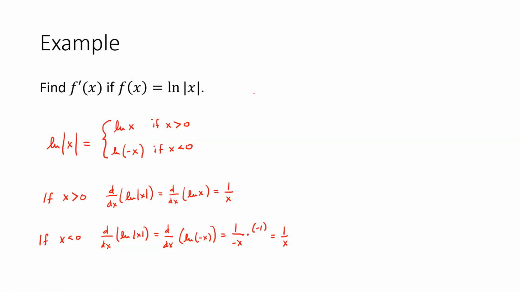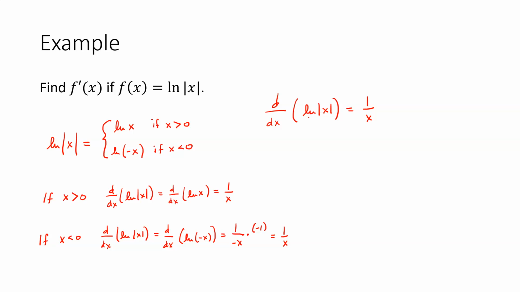So in either case, we see that the derivative of ln of the absolute value of x is equal to 1 over x for any x. Now this is important because now it gives us a function that has a larger domain.